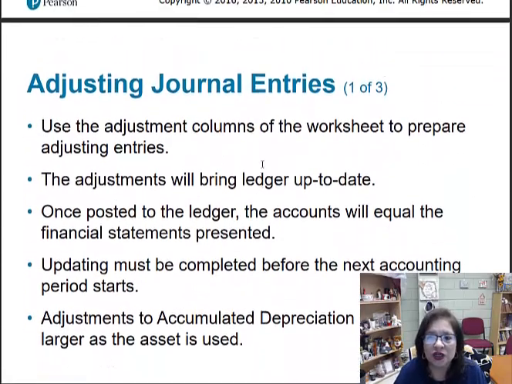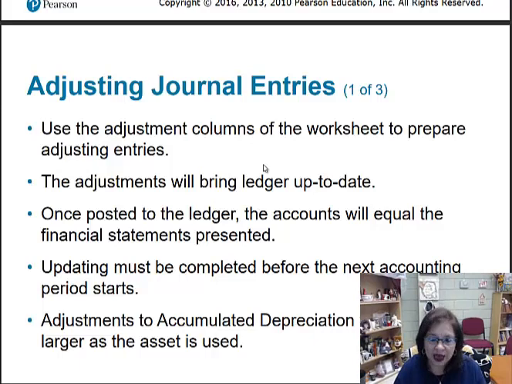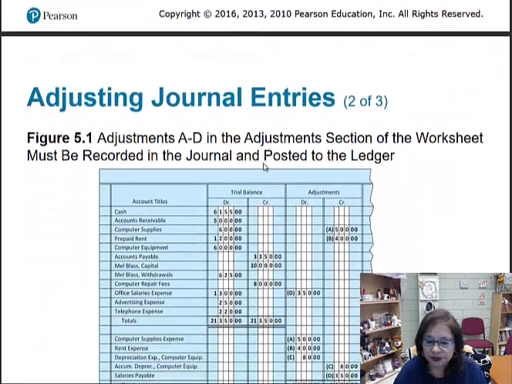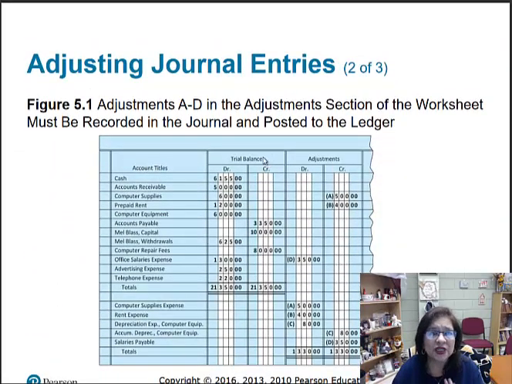So when we're doing the adjusting journal entries, again, we prepare, and that brings the ledger up to date. It brings the adjustments of the depreciation, should we have any equipment that needs to be depreciated, trucks or anything that needs to be depreciated, brings all of that up to date as well. So remember, as we did before, the adjustments go in.